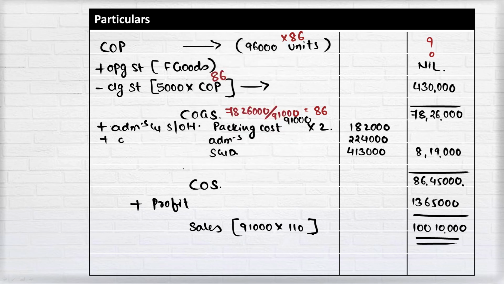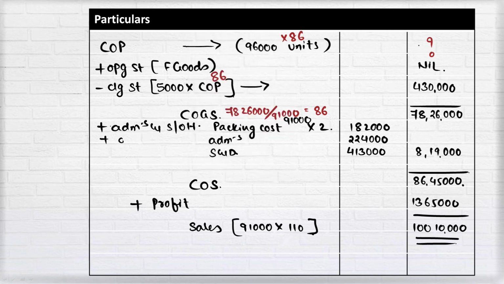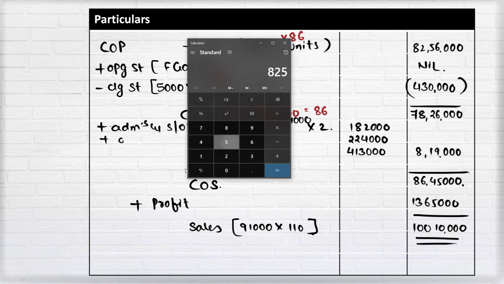I can even find out directly by 96,000 into 86. 82 lakh 56,000. Now you can verify whether your answer is correct or not. 82 lakh 56,000 minus 4 lakh 30,000 is 78 lakh 26,000.